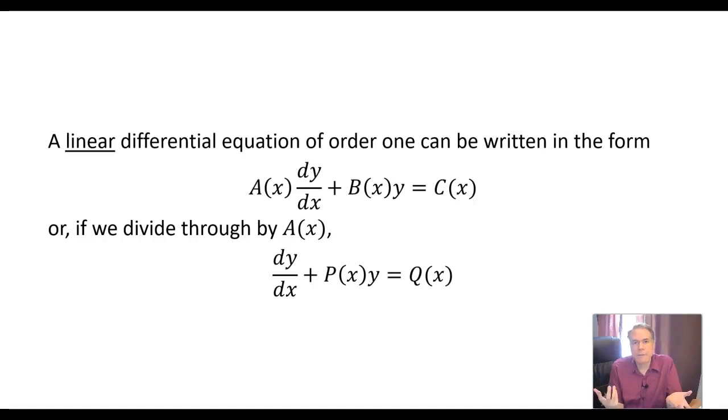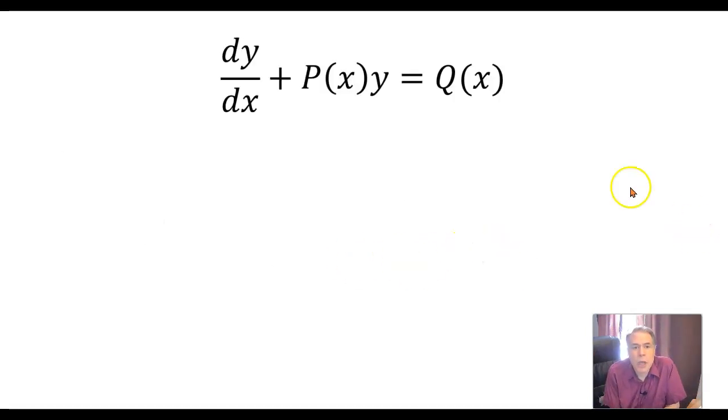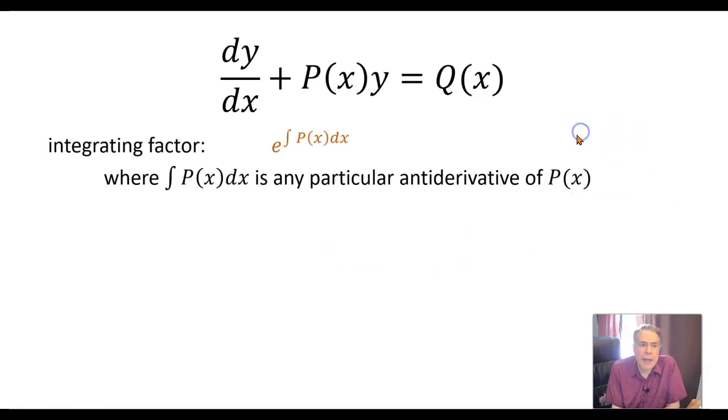Now, an integrating factor is kind of what it sounds like. It's a factor that if you multiply by that factor, you get something that you can integrate. So in this particular case, what we want for an integrating factor is e to the integral of p of x dx.